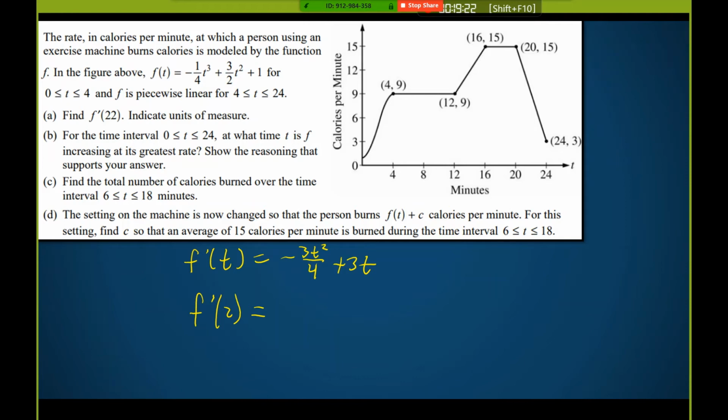Okay, so going back, we said our slope, that's our derivative, from 12 to 16 was 3 over 2. And our slope from t equals 0 to t equals 4 was 3.